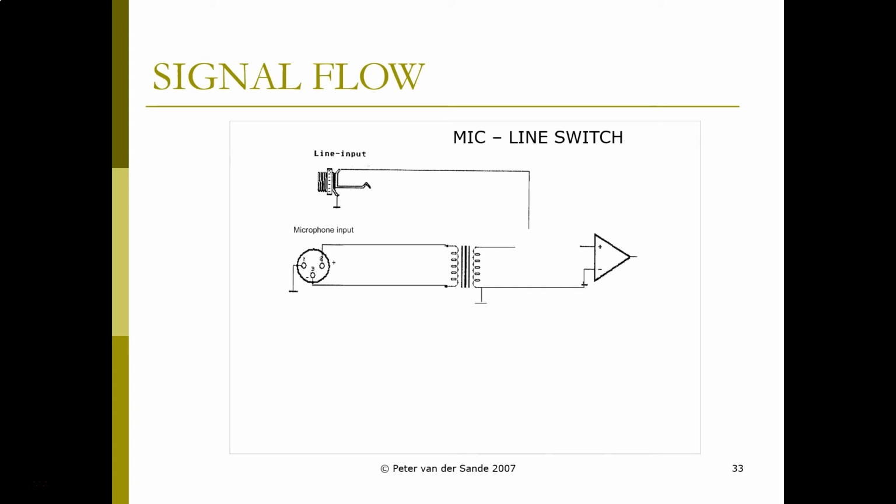And now we're going to add a switch so we can select between the microphone input and the line input to our preamplifier. At this point, we're going to add a couple more components, a resistor and a potentiometer, that will act as the gain control for our preamp stage.